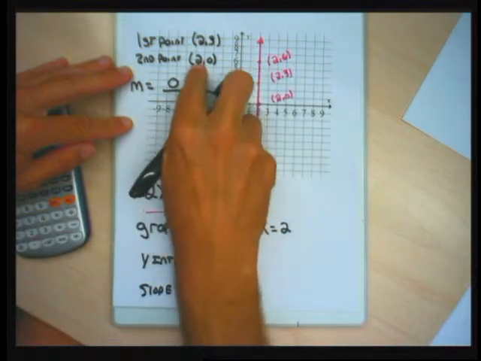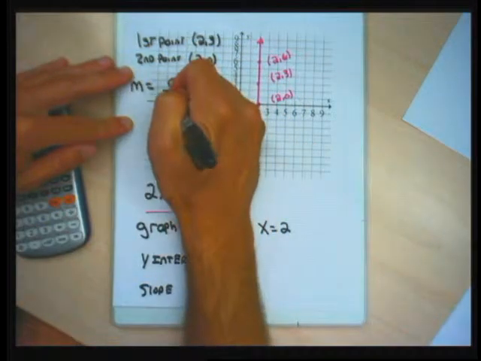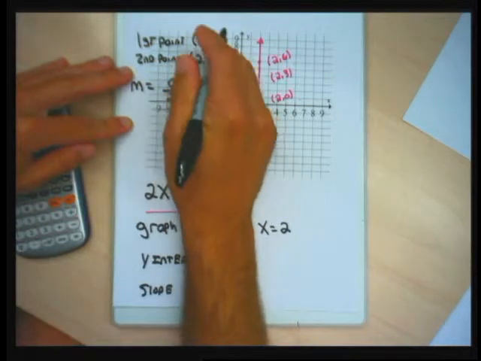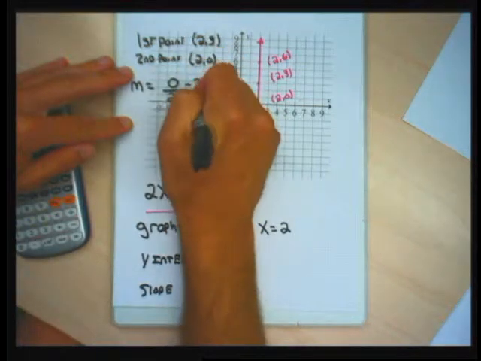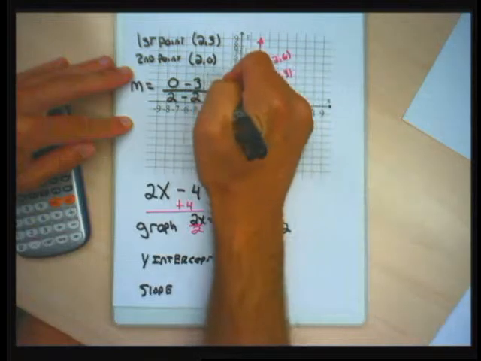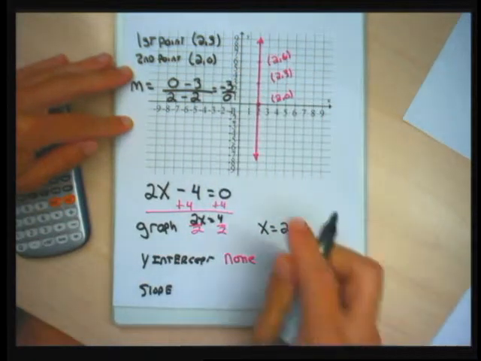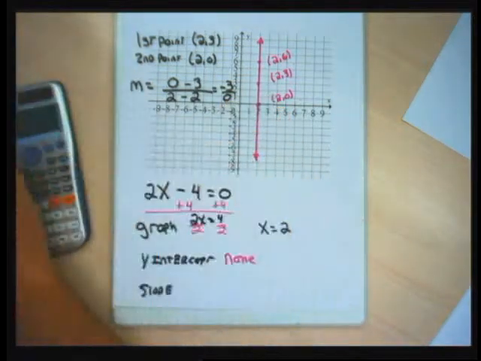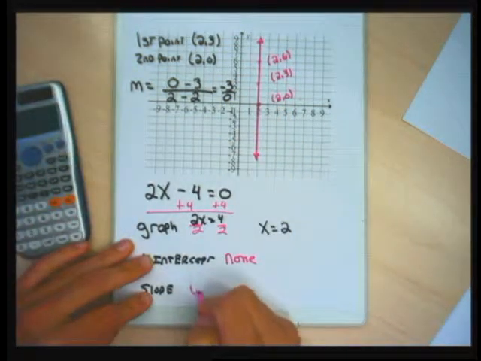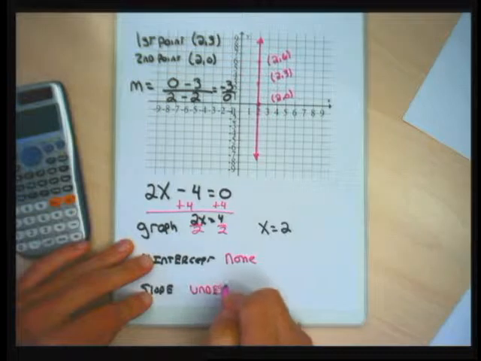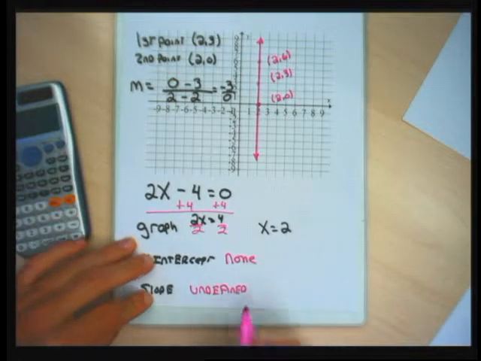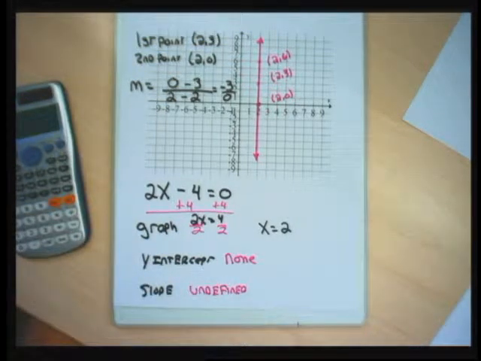In the denominator, x-coordinate of the second point, which is 2, minus x-coordinate of the first point, which is 2. If I simplify this, this gives me negative 3 over 0, which is going to be undefined because any fraction with a 0 in the denominator is undefined. And so the slope is undefined for this problem.